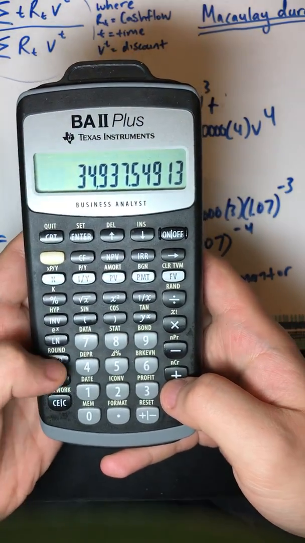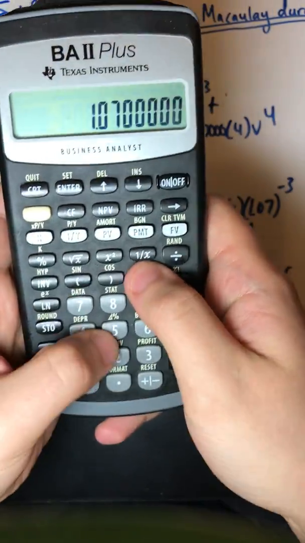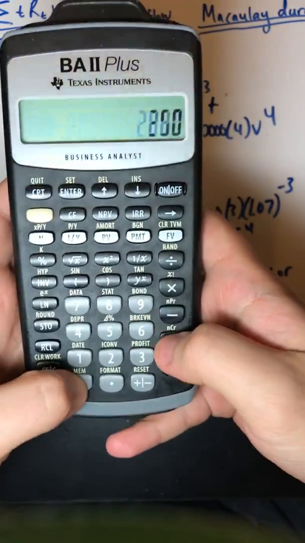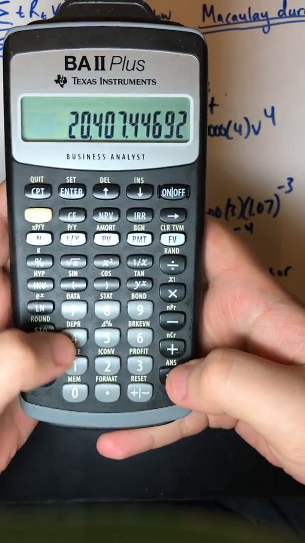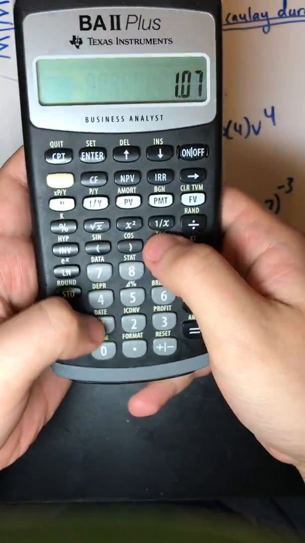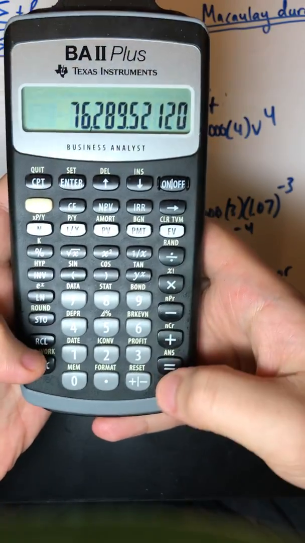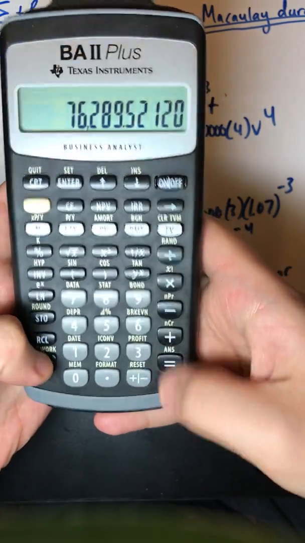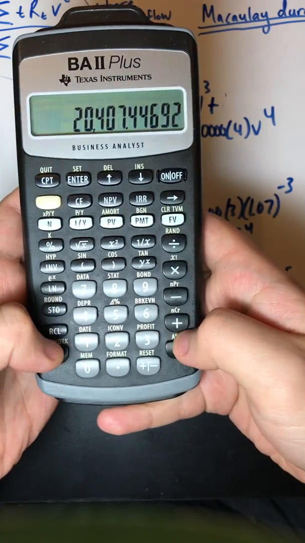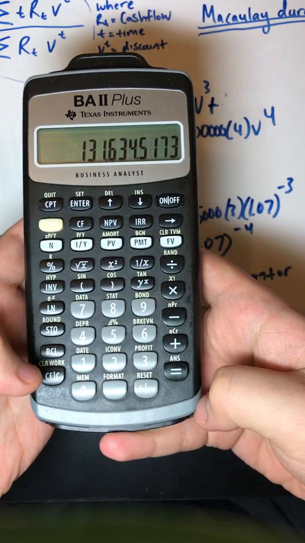Let's store that in 4. And then 1.07 to the negative 3 times 25,000. Store that in 5. And then 1.07 to the negative 4 times 100,000, store that in 6.